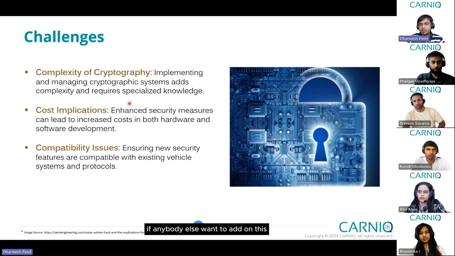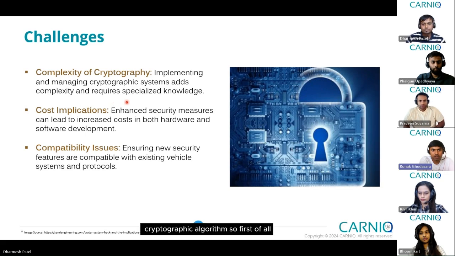If anybody else wants to add on this. So also for the first point you mentioned, the cryptographic algorithm, first of all we have to select whether I implement the cryptography in software itself or in hardware.